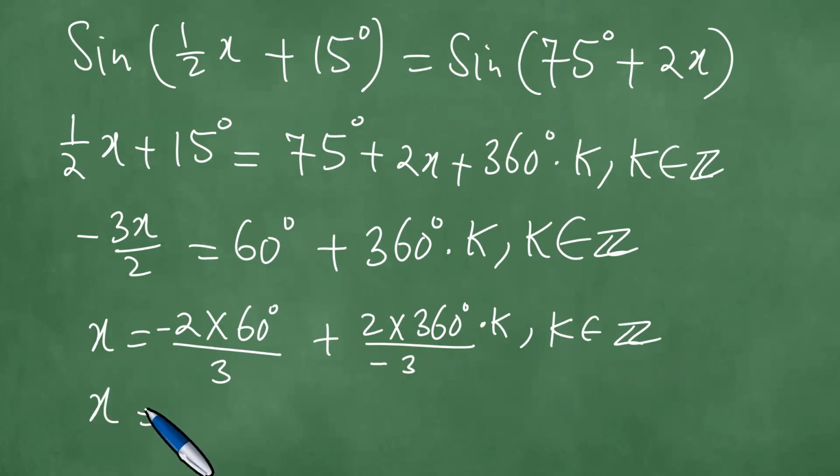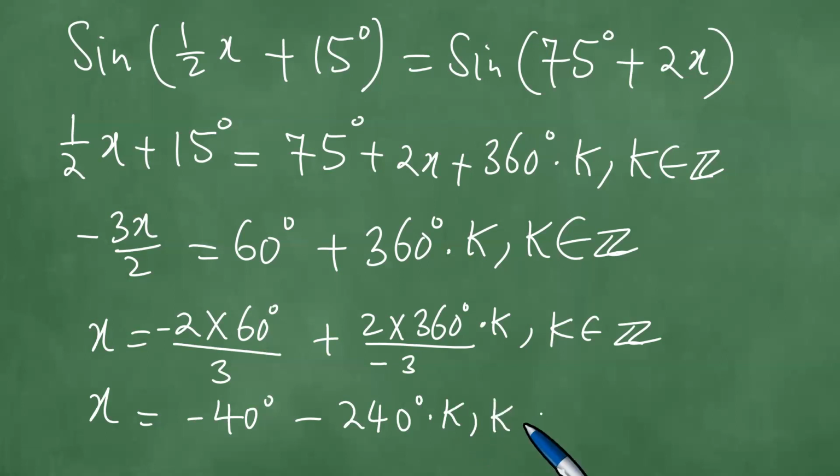And so this is exactly the same as minus 120 divided by 3, which is minus 40 degrees. And here, this one is 2 times 360 divided by 3, which is exactly minus 240, like so.